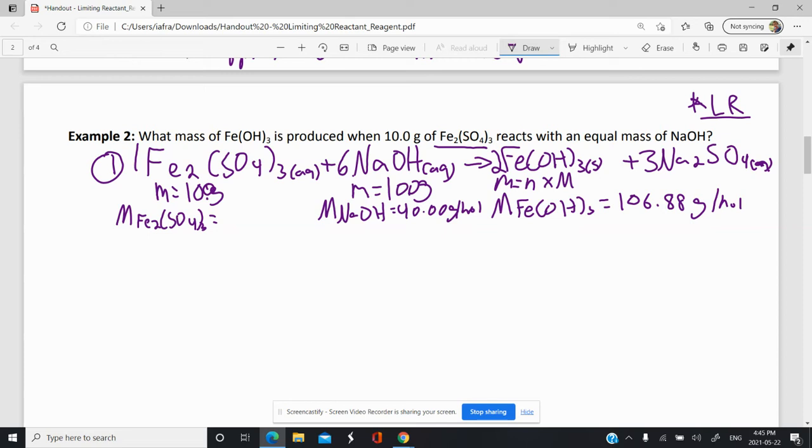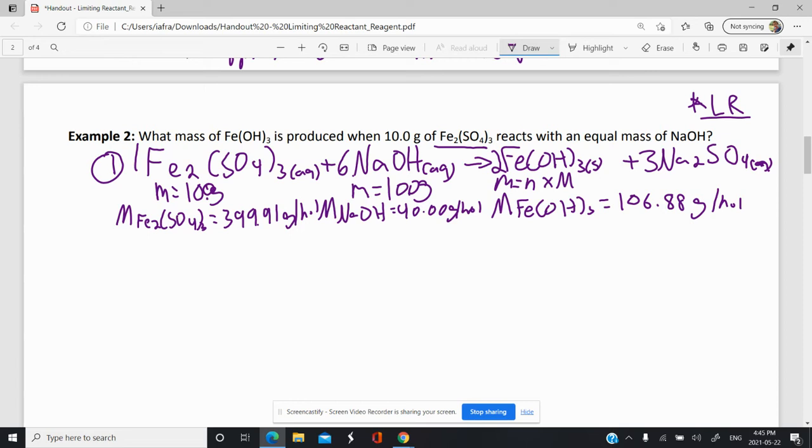And for the iron 3 sulfate, I have 12 times 16 plus 3 times 32.07 plus 2 times 55.85. And I get 399.91 grams per mole.